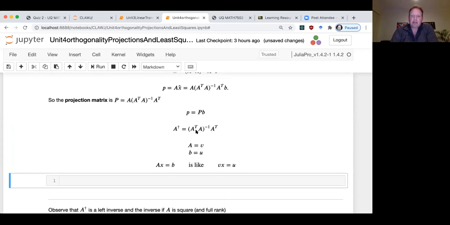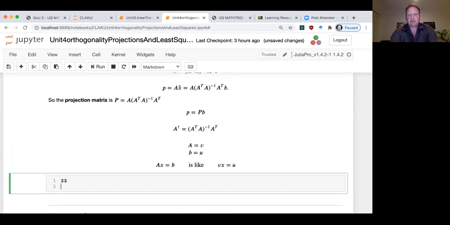So now let's use our projection formula. So our projection matrix P should be this guy, A times the inverse of A transpose A, and so on. So if A is V, it's going to be V times the inverse of V transposed V, times V transposed, times U.